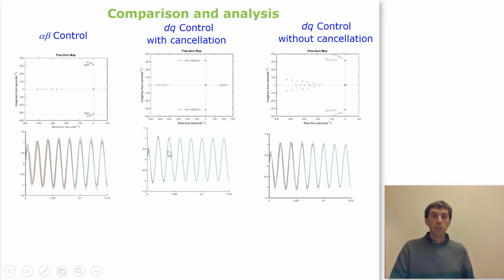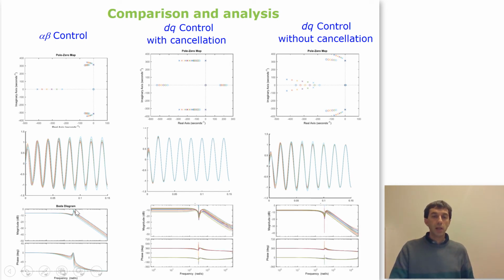So the shortest step response, the transient response, is still, as we have seen in the previous slides, for this control. And finally, here you can see how the Bode diagrams change.